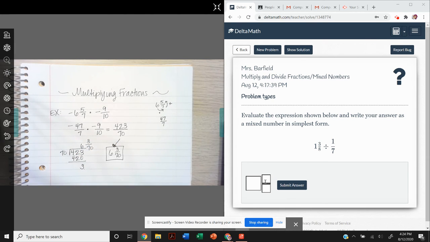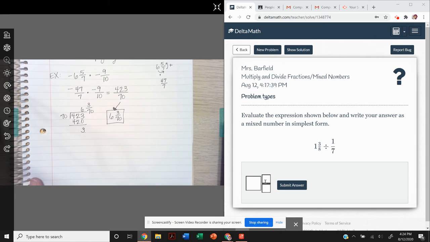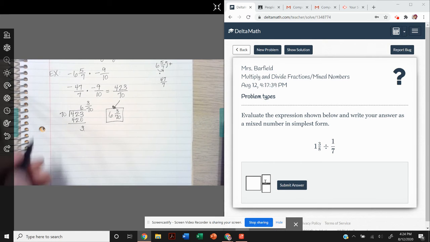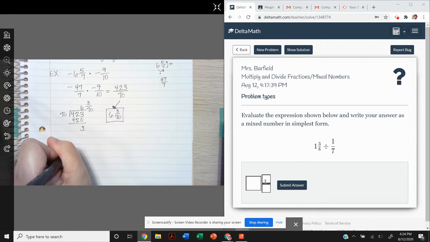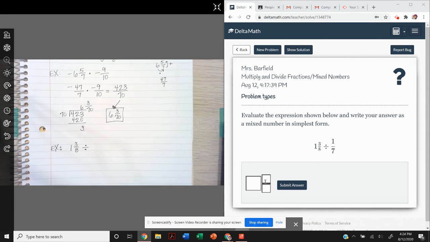All right, so now let's go to a division problem. Remember, division problems convert back to multiplication problems. So let's look over here at Delta Math. I have 1 and 3/8 divided by 1/7. I'm going to do the same thing and convert this to an improper fraction.